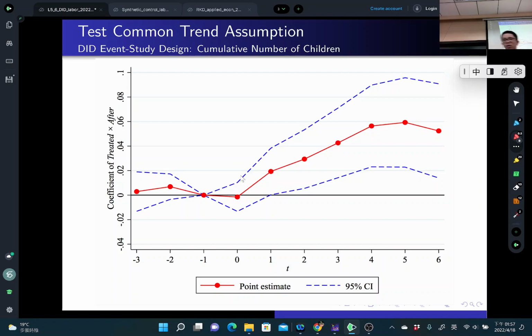Okay. So our result basically suggests winning more than 1 million NT dollars will increase the number of children by 0.06.